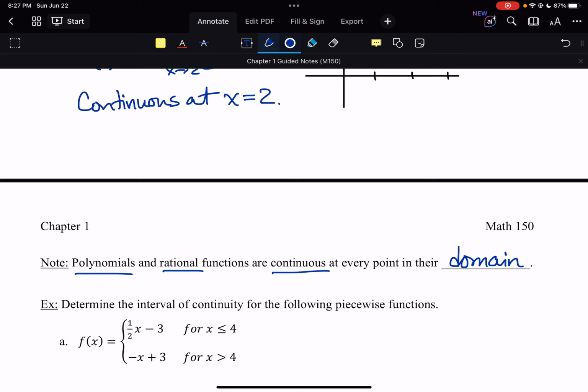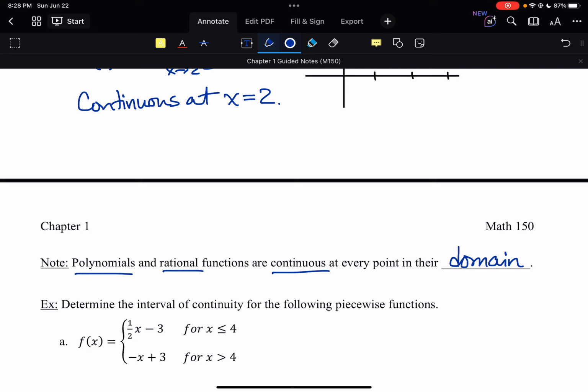So in order to determine continuity, this is something we could prove if we were going a little bit deeper into the heavy calculus topics. You could prove that polynomials and rational functions are continuous at every point in their domain. Polynomials, because their domain is all real numbers, are continuous everywhere.